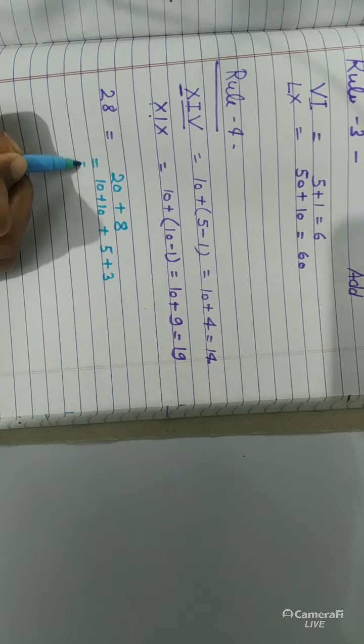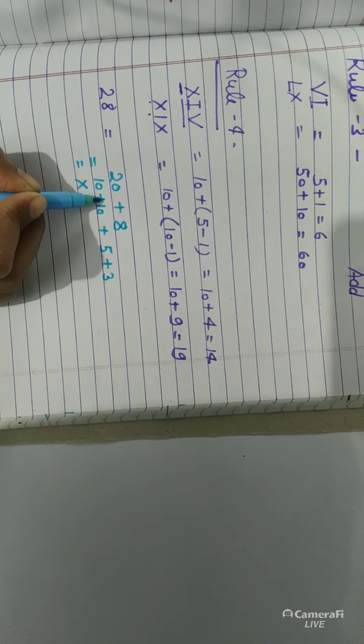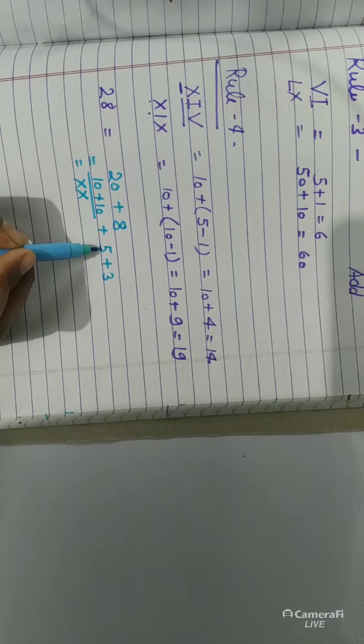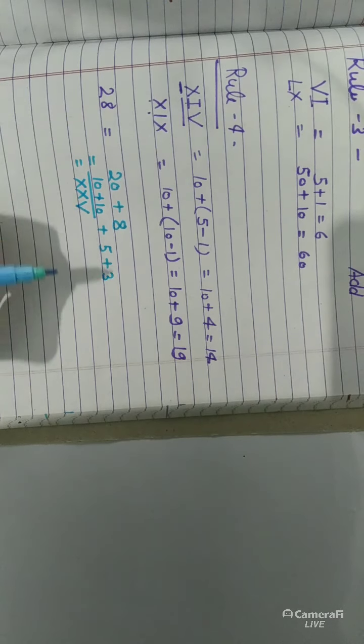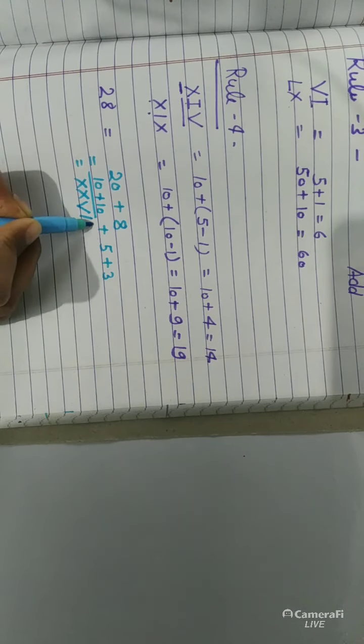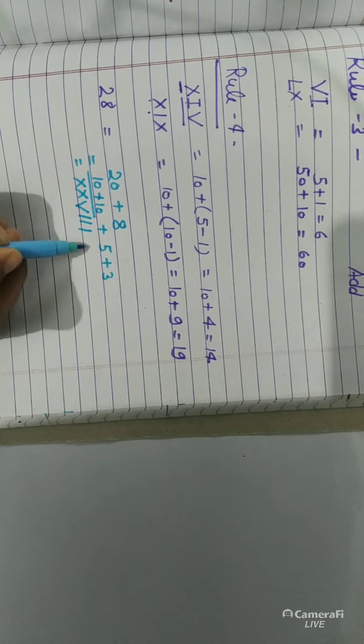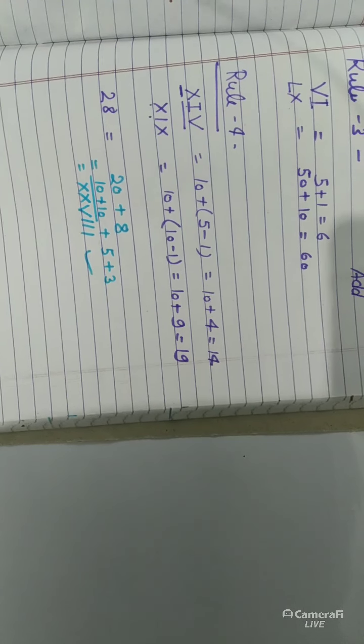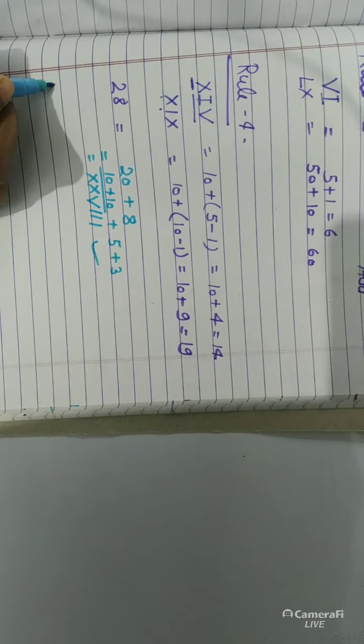What is the symbol of 10? X, and 10 plus 10 we will repeat, X X. What is the symbol of 5? V, and 3 is I I I. Here you have written 28, which is 20 plus 8.